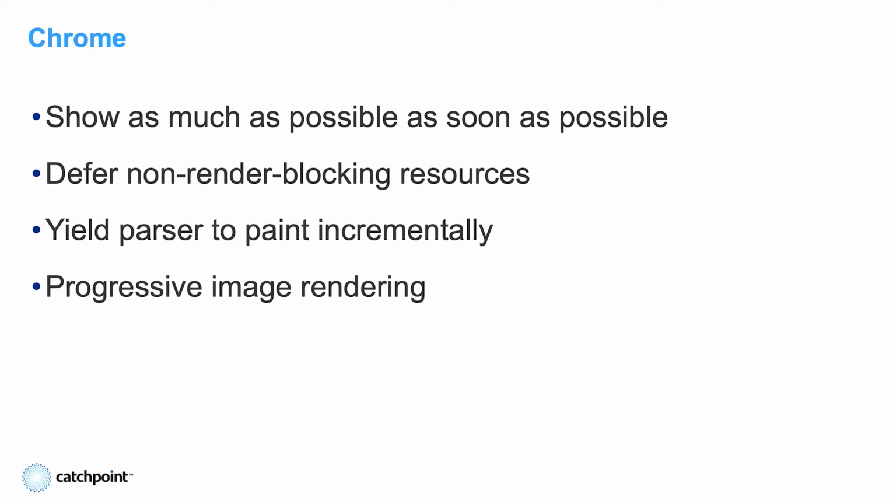While it's processing the HTML, it will also yield periodically. If it thinks it has enough work to draw something on the screen, it'll pause what it's doing to go ahead and paint. Images it will progressively render when it can, like progressive JPEGs, showing you scans as they're being decoded rather than just at the end when they're complete.